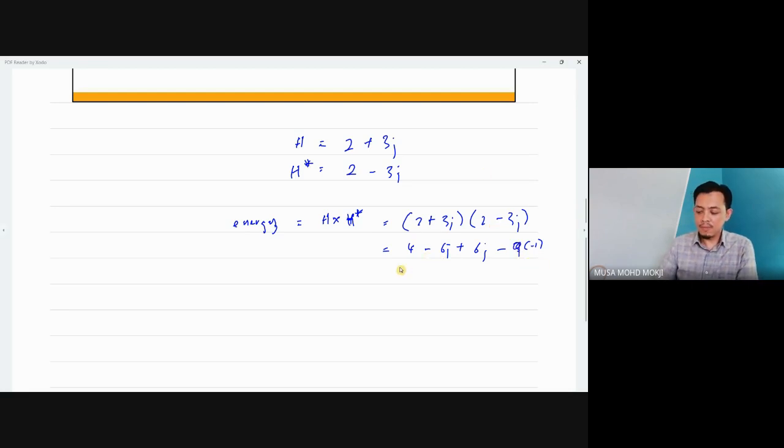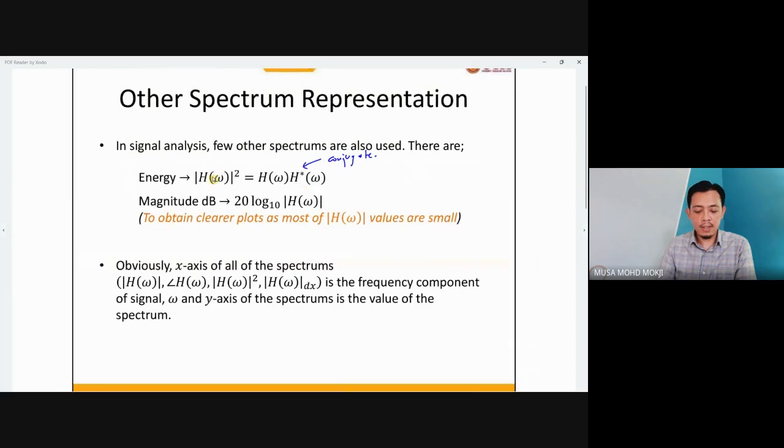Okay, remove the imaginary parts. So this is just 4 plus 9, which equals 13. So this is where we can see that if we do energy, you will always get a positive value. The same with magnitude. Magnitude, you should always get a positive value.